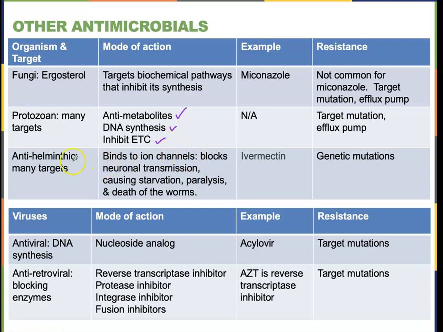For antihelminthics, for worms, we can bind to ion channels. Now we're talking about a big animal, whereas fungi or protozoans are unicellular or very small. A worm can be huge, so attacking them is a little bit different. We're going to block some of their ion channels, which stops the nervous system from working.